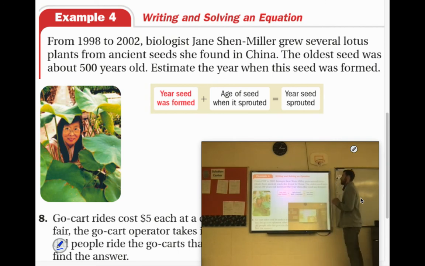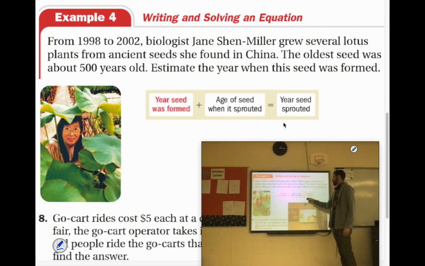The year it sprouted. The year the seed was formed. That's the year it sprouted. It sprouted in 2002, yeah. The year it sprouted, 2002.